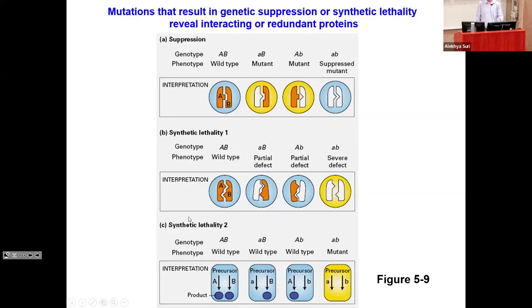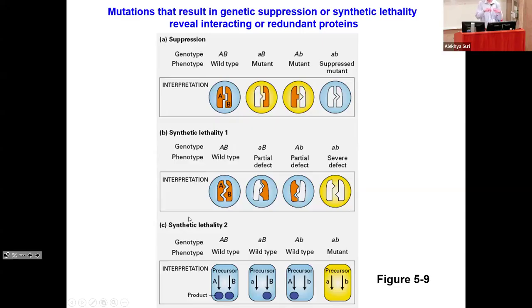But if you bring together both mutants, so on the right side you have mutant A and B, those will be growing or behaving better than the single mutants.